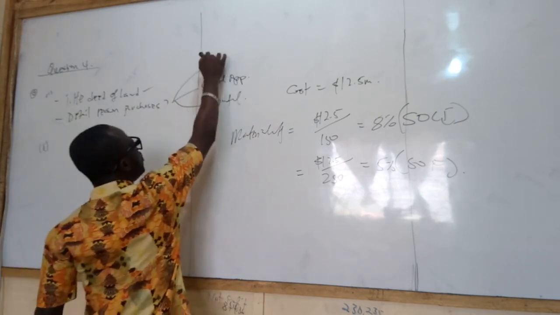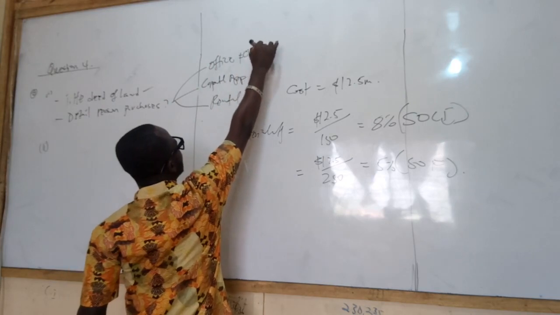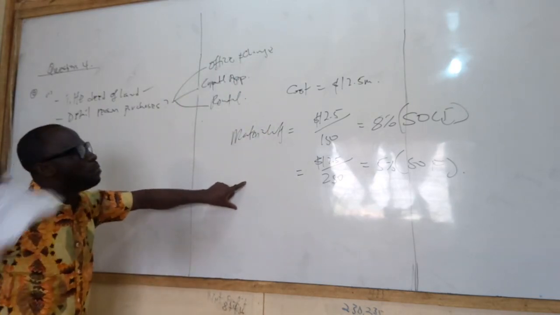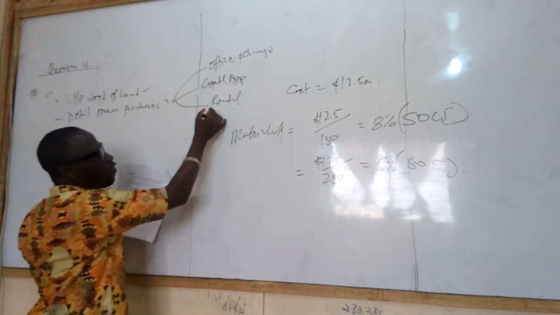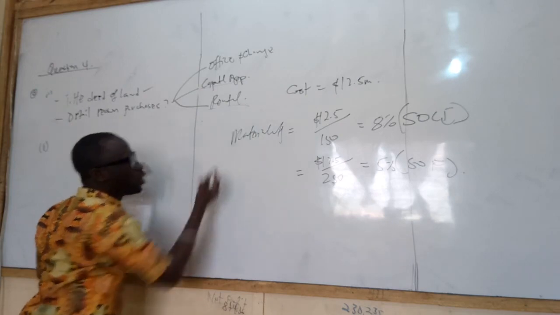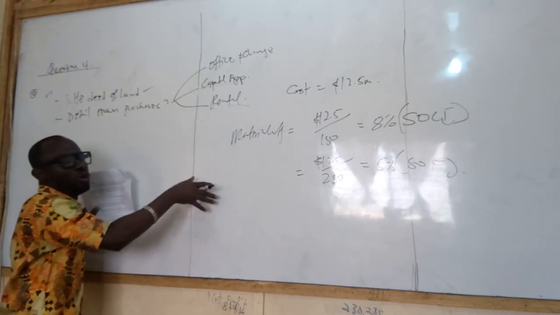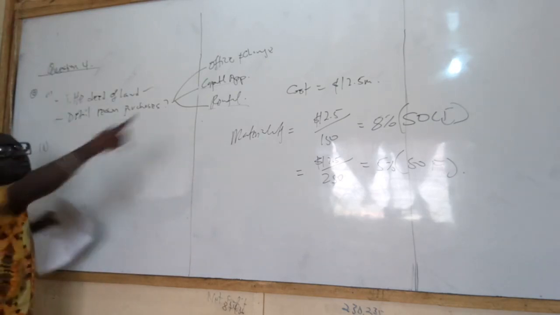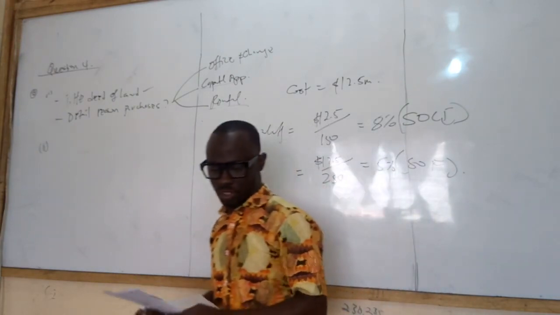Or they bought it to be used for office but later on changed their mind. Are you getting the idea? Because an investment property can only be recognized when the asset is held for capital appreciation or for rental purposes. So the fact that it is being rented does not by itself qualify it to be recognized. But we need to ask them, what was the original purpose for the acquisition in the first place? Are you getting it? So detail on the purchases.